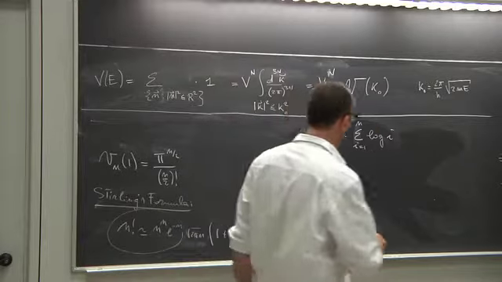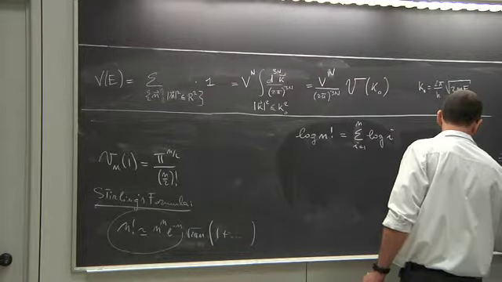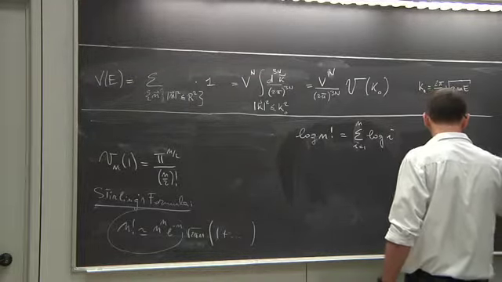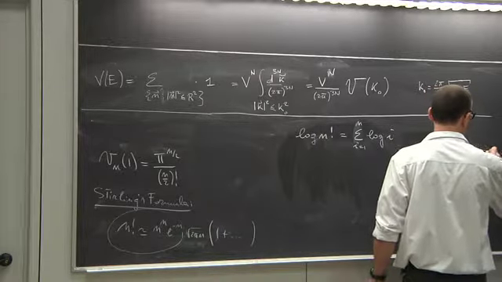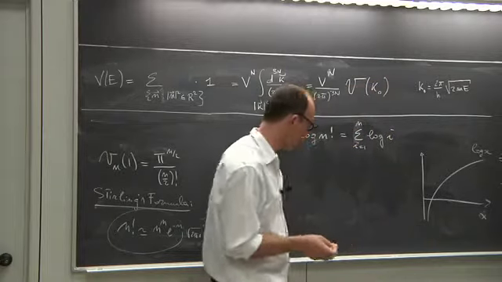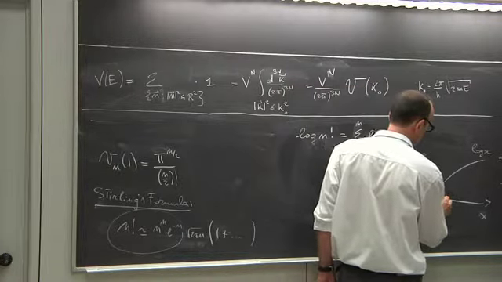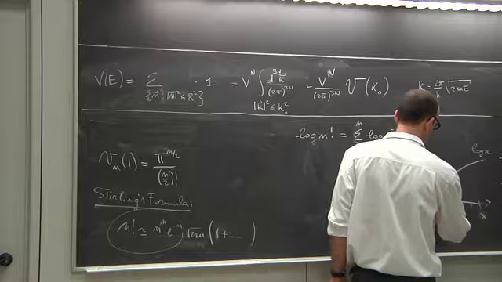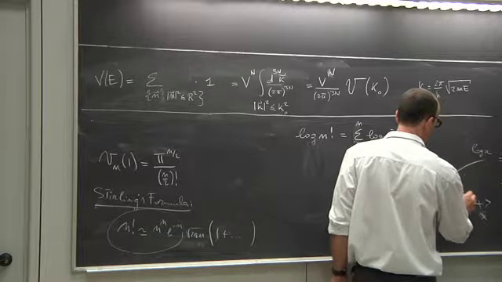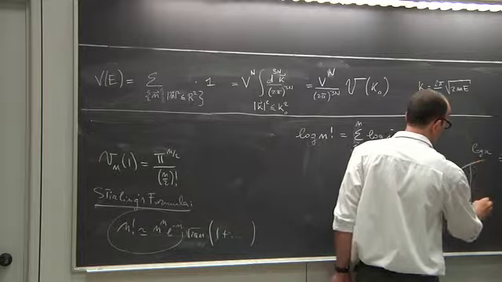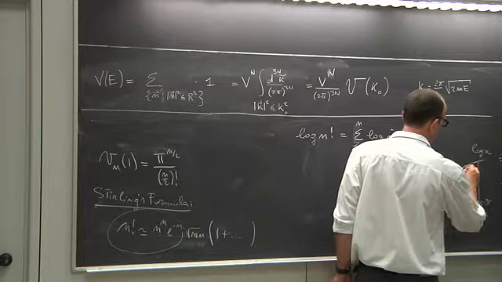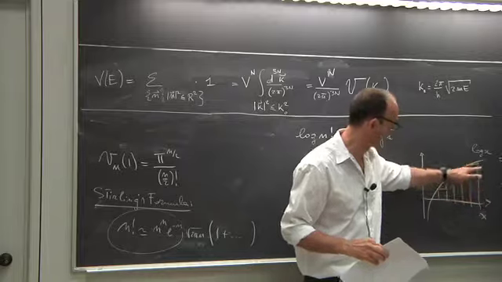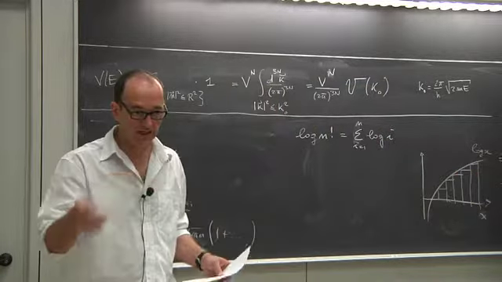Okay, so now if you plot log x, what is this sum? Well, you take the integers 1, 2, 3, 4, 5, 6, 7, etc., and then you do this construction, and this sum is the area under these rectangles, okay?